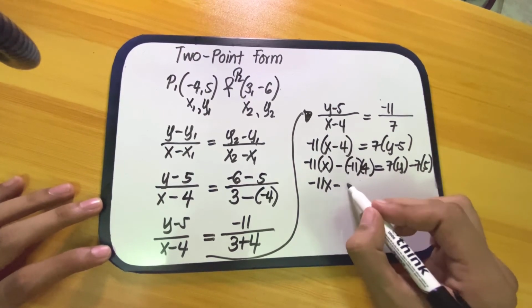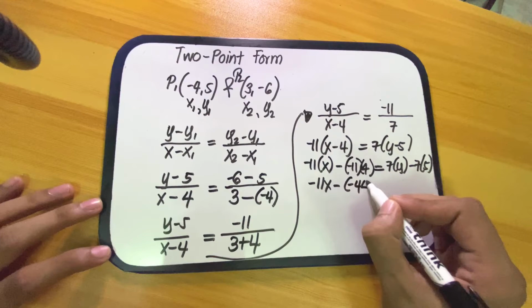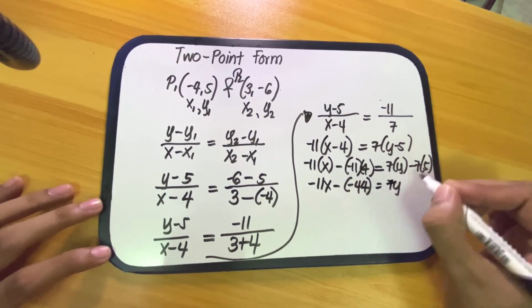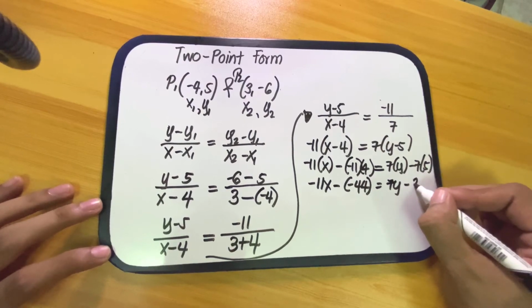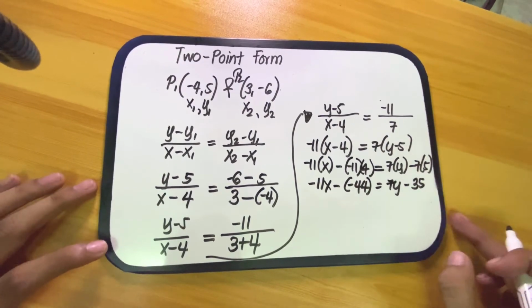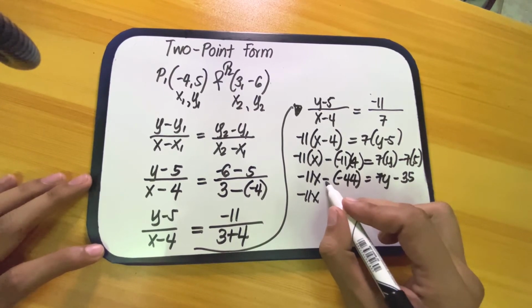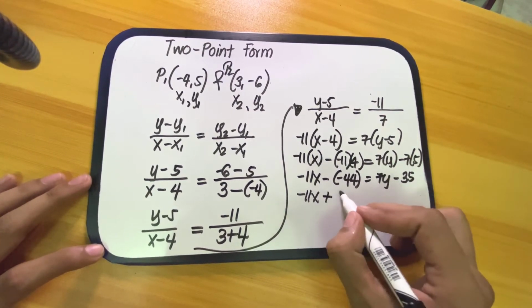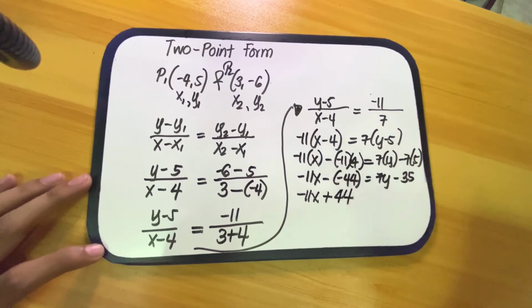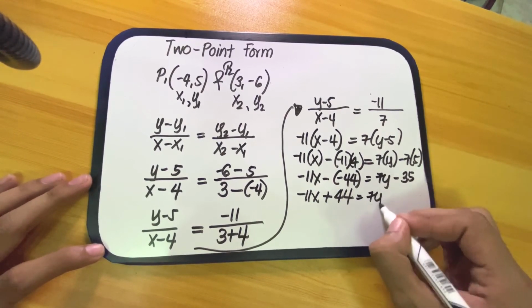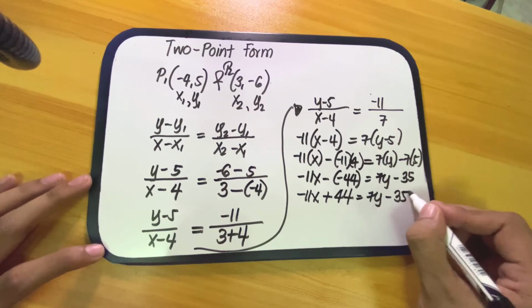Negative 11 times 4 is negative 44 equals 7 times y is 7y. Then 7 times 5 is 35. Then negative 11x, negative and negative will become positive. So that will become plus 44 equals 7y minus 35.